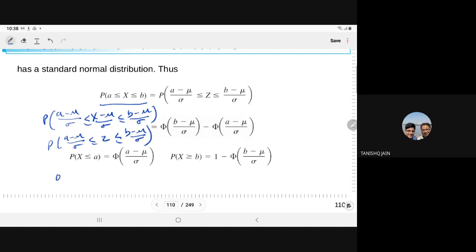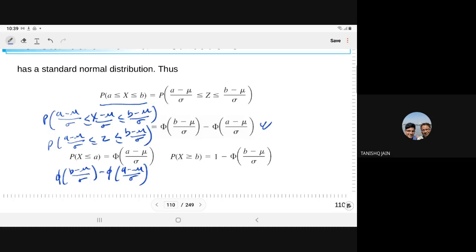So this you can write as phi of b minus mu upon sigma minus phi of a minus mu upon sigma. That is written here. I have told you earlier, and later on I will tell you more. So this is that formula.